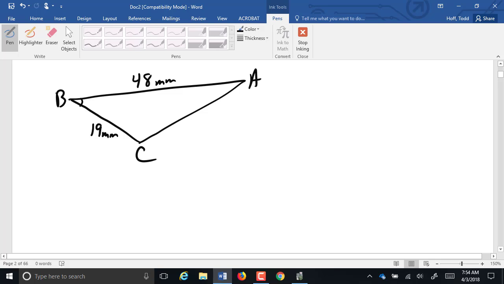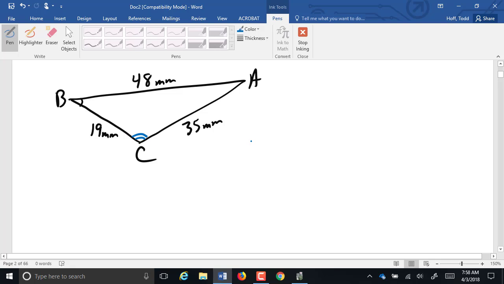I'm going to do this instead. Find the missing angles. Tell me where to start. Which angle do you want to find? We found C. Okay, let's find C.